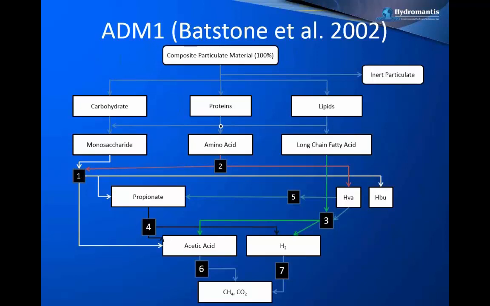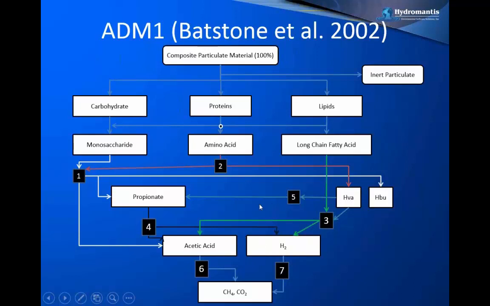And each one of these compounds then has its own degradation kinetics, and there are a number of intermediate compounds that are defined in this particular model, including propionate, valeric acid, butyric acid, acetic acid, and hydrogen. So it's a very complex model.